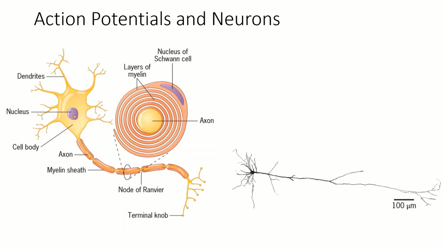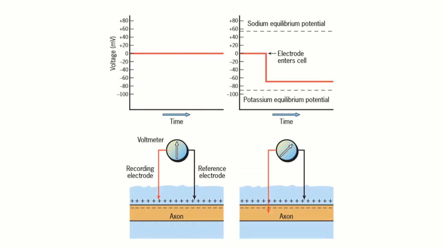So, how does the movement of ions help in the transmission of nerve signals or action potentials? We see here in this illustration how the two sides of the plasma membrane of any cell, not just a nerve cell, have an imbalance in the amount of positive charges.